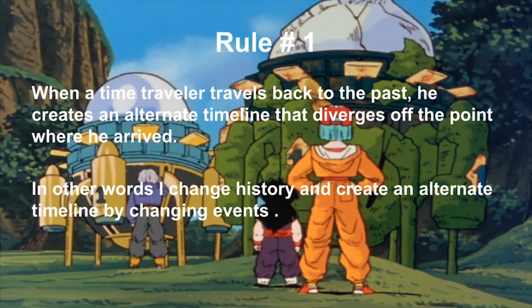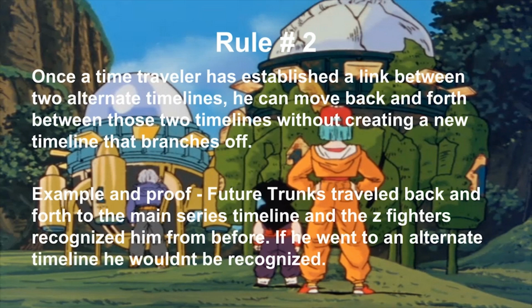Rule number 2. Once a time traveler has created a link between two alternate timelines, he can move back and forth between those timelines without exactly creating a new branch. And there's proof of this in Dragon Ball Z. In Dragon Ball Z, when Trunks went back to the past and killed Frieza and King Cole, he is creating a new timeline.